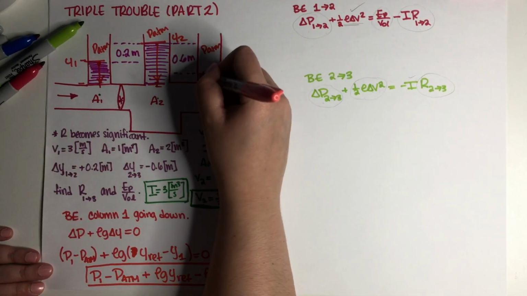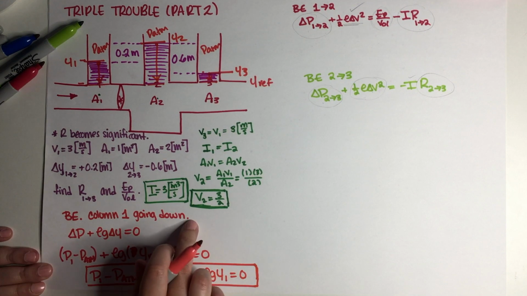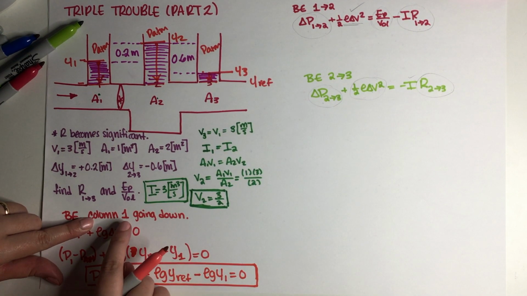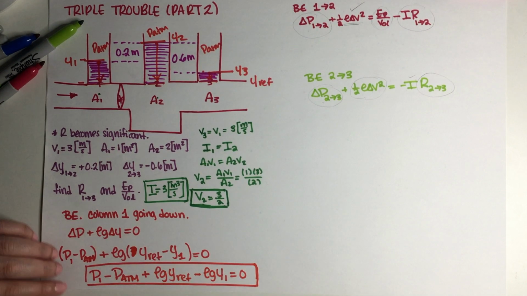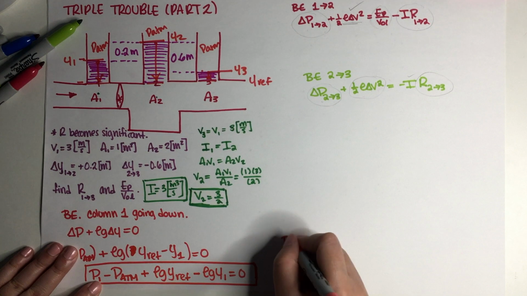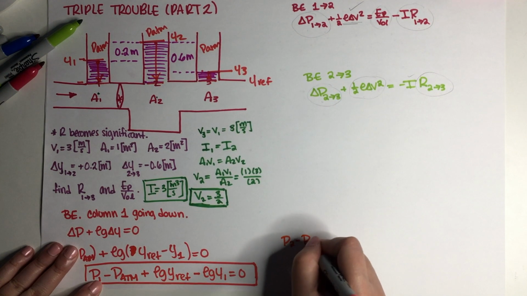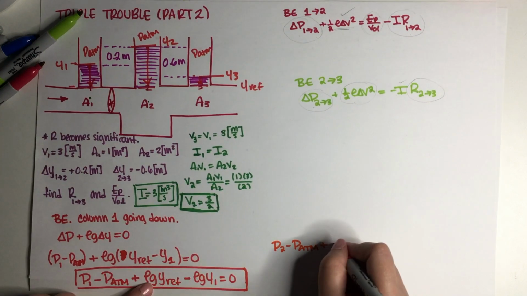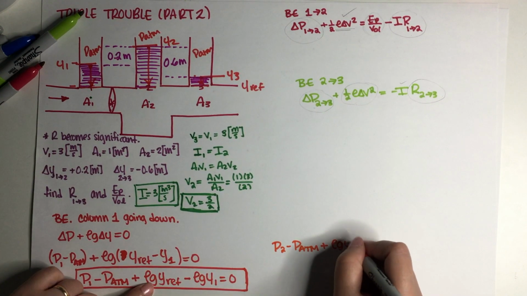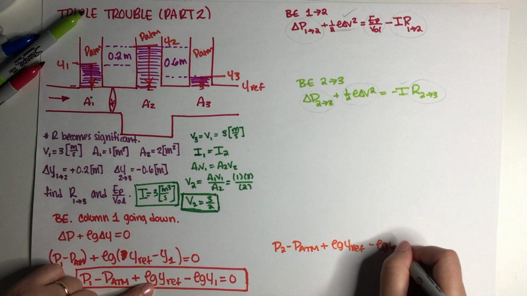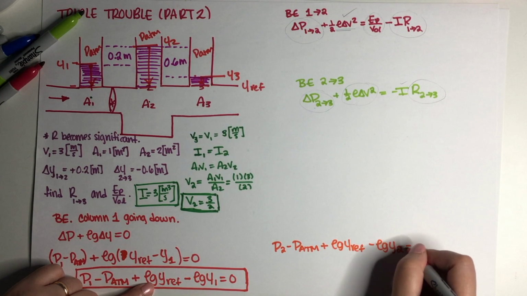So if I do the exact same procedure for columns 2 and 3, then my other 2 equations would be, instead of 1, P2 minus PATM plus rho g y reference point minus rho g y2 is equal to 0.